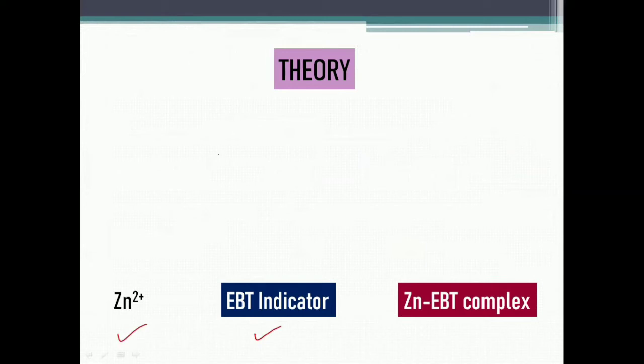So let me just write the structure of the EBT indicator. It has this bicyclic system with the nitro group, SO3Na, and an OH group here.